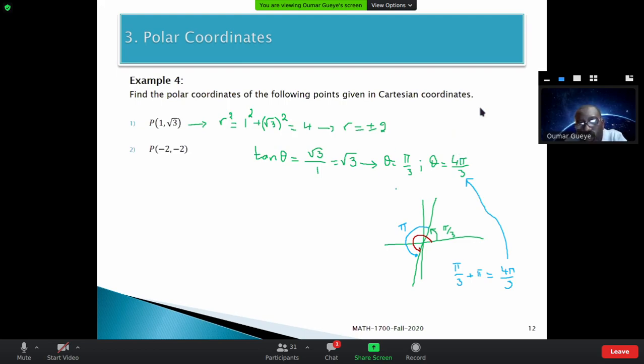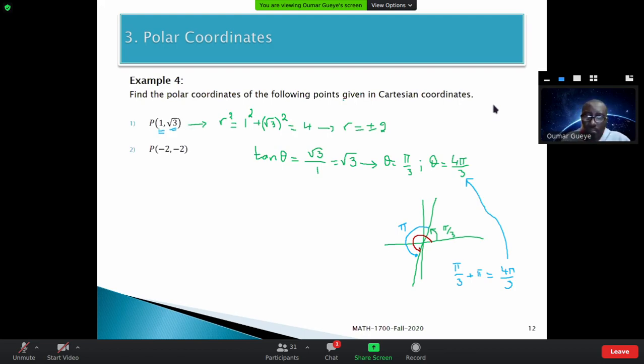If you take 2 and 4 pi over 3, your point is going to be here in the third quadrant, and your point should be in the first quadrant based on the values that you guys have here. The x value is positive, you can see it, and the y value is also positive. It means this point should be in the first quadrant.